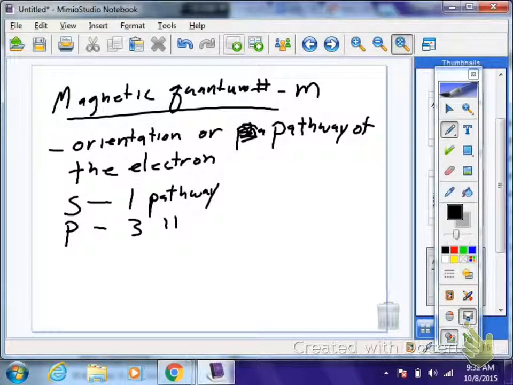The P has 3. The D has 5. Are you guys going to know what the pattern is here? F has 7. 1, 3, 5, 7 pathways around the nucleus. Okay. And those represent orbitals. So the S has one orbital. The P has one shaped orbital, but it can have 3 pathways.